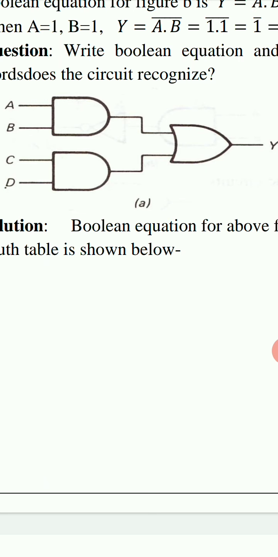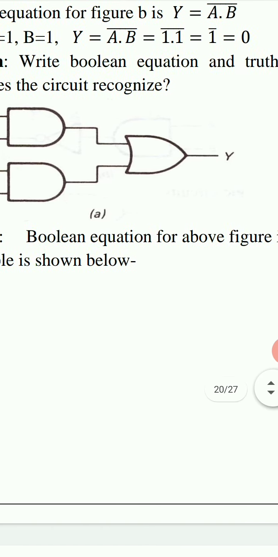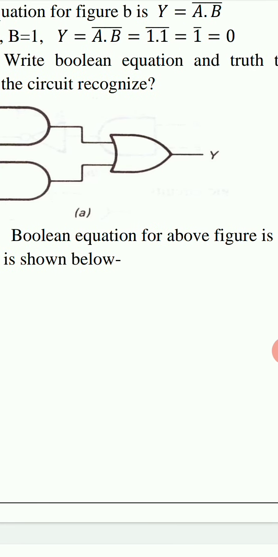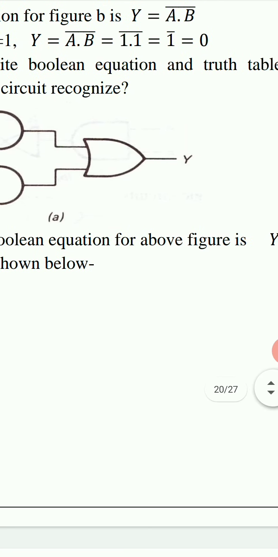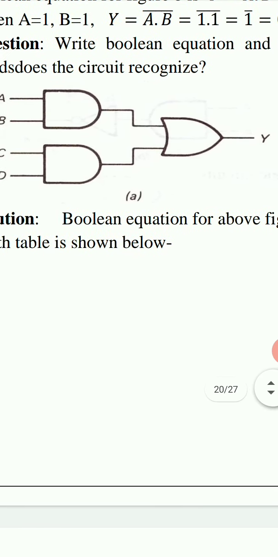A dot B is the output of the upper AND gate and C dot D is the output of the lower AND gate. Now the outputs of these two AND gates are inputs to the next OR gate. So this OR gate will produce output Y, which will be equal to AB plus CD.